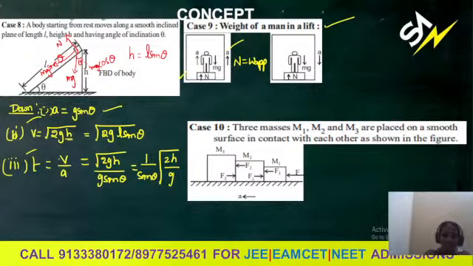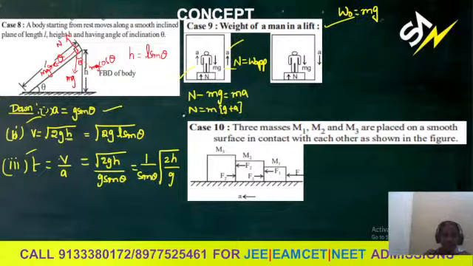So in the first diagram, when the lift is accelerating up, we can write N minus mg is equal to m into a, where m is the mass of that man. So here N is equal to m into g plus a. The actual weight of the person, the true weight, which is given by W naught, is mg only.